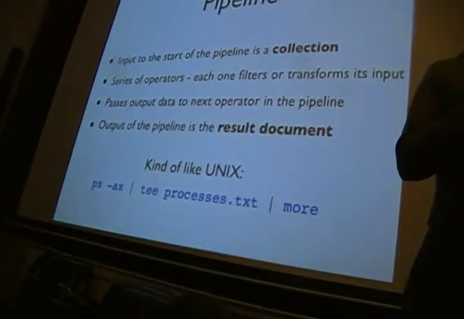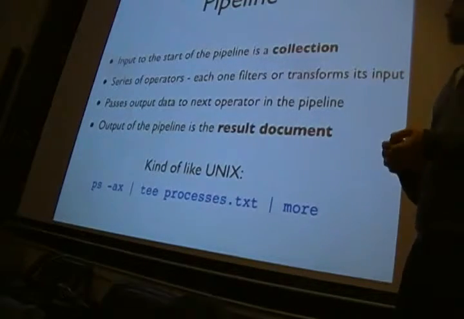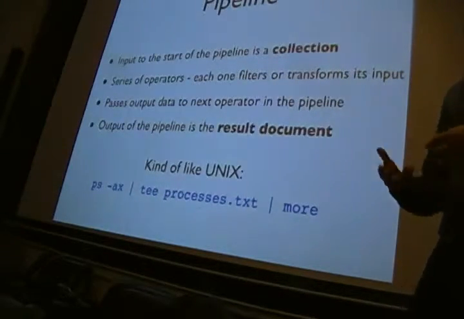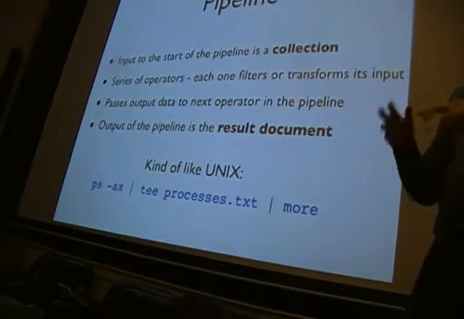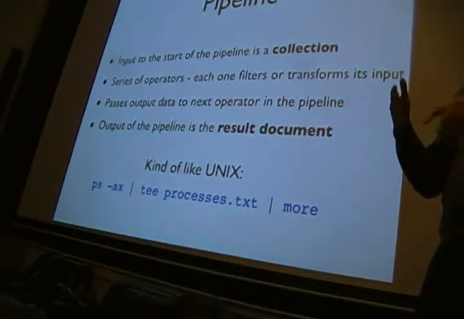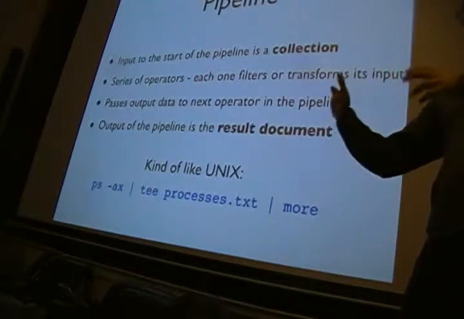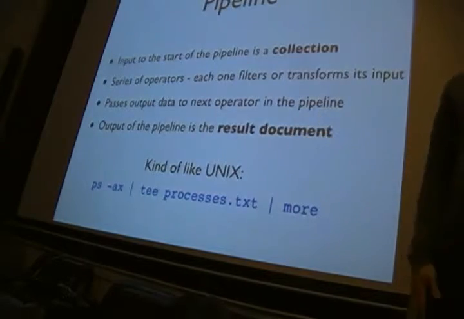Now to talk about what the actual pipeline does. The input to the pipeline is a collection, and each step in the pipeline is like a transformation function. You can think of it sort of like Unix, where on the command line you can type a command and then use the pipe operator, which sends that output to another process, and you can chain them together as long as you want, and then whatever your output is gets printed to the screen.